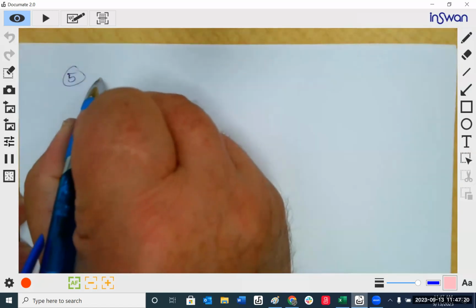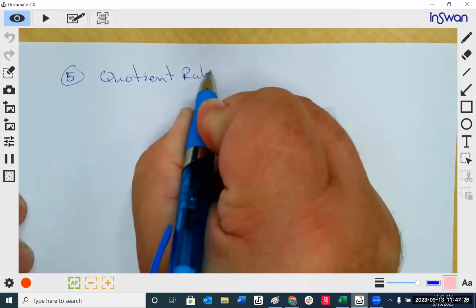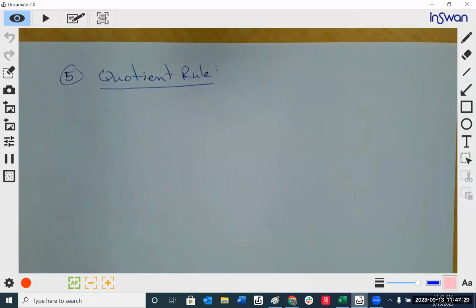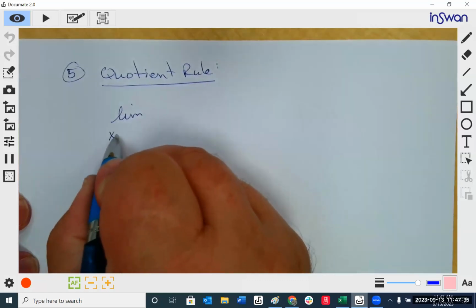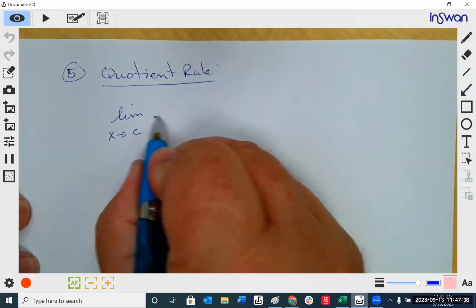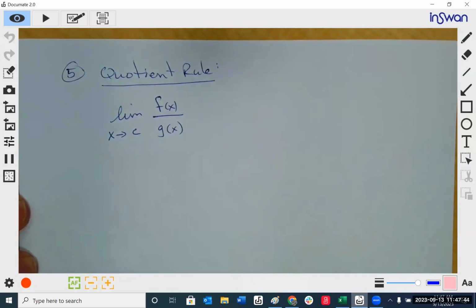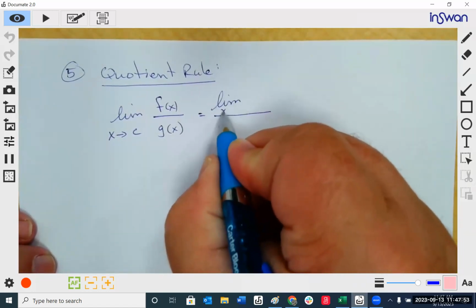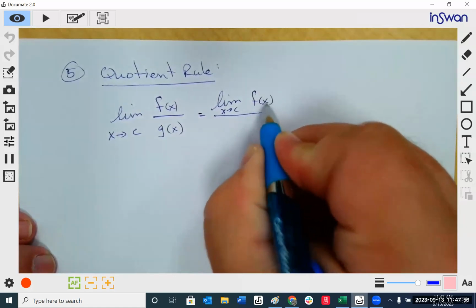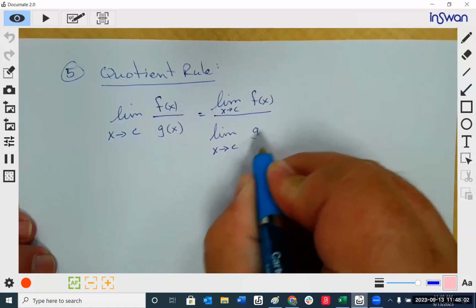Number 5, the quotient rule. The limit as x approaches c of f of x divided by g of x equals the limit as x approaches c of f of x divided by the limit as x approaches c of g of x.